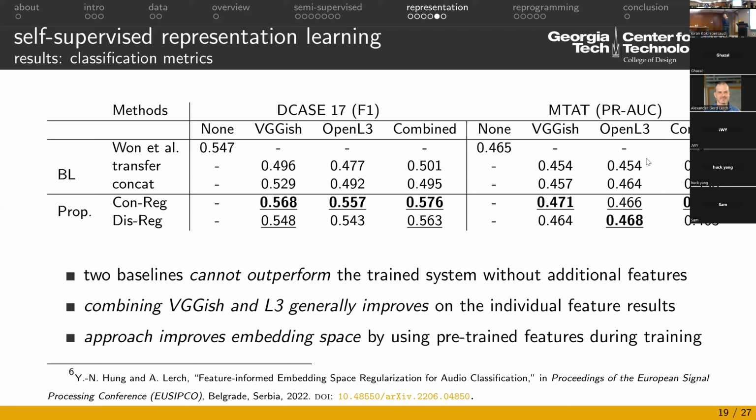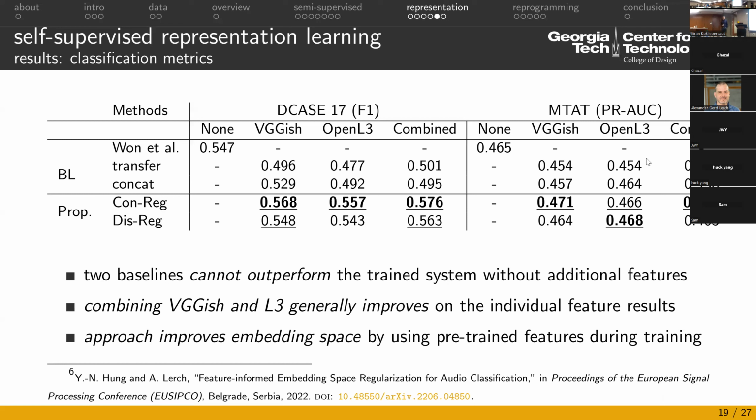And then what we see here is if we just use our baselines, we see how these compare, right? And we see this for the different features, VGG, OpenL3, and then we combine those two features. We just concatenate them, more or less. So what you see here is that, for example, VGG, if you just use the features themselves and you classify, it's decent performance, but it's clearly below the state of the art.